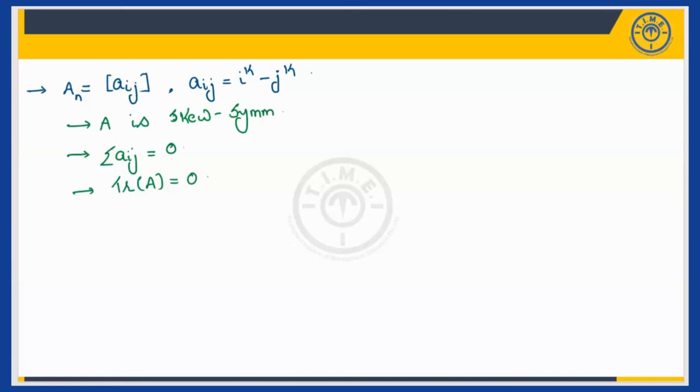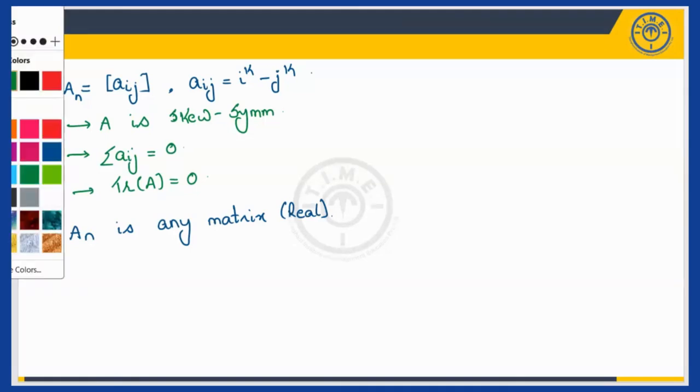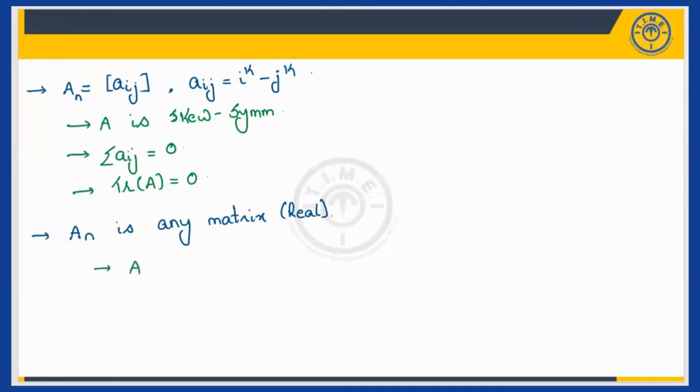Okay. And similarly, if I'm having a matrix A, any matrix, or any real matrix, let's stick to the real matrix, then A plus A transpose is always a symmetric matrix.